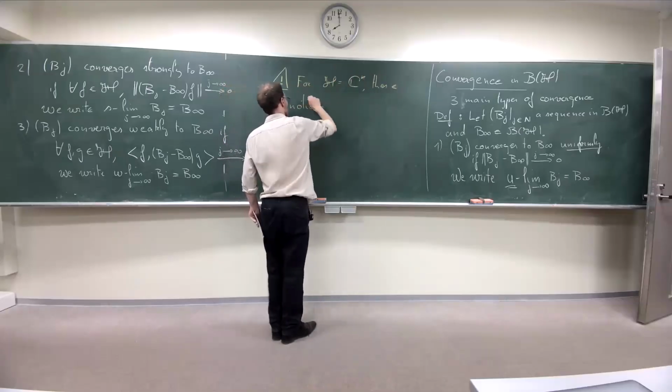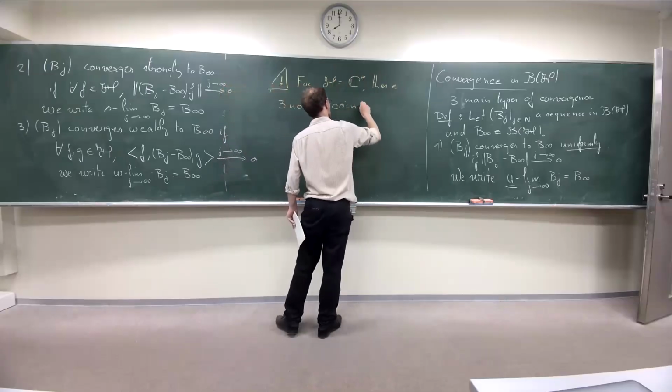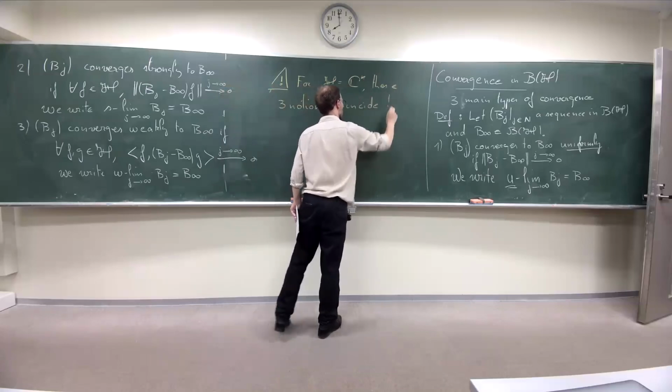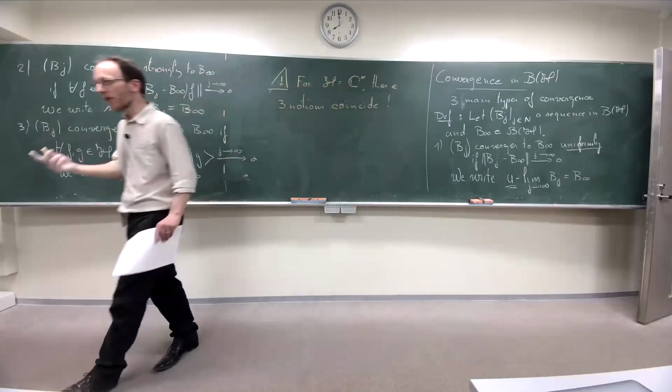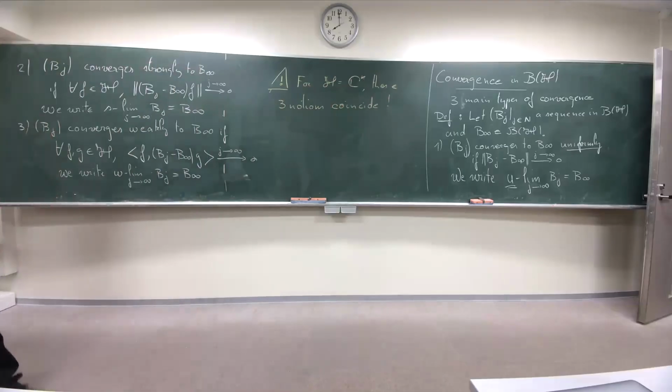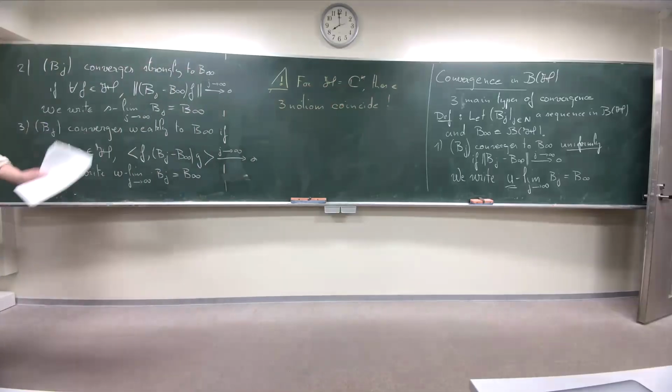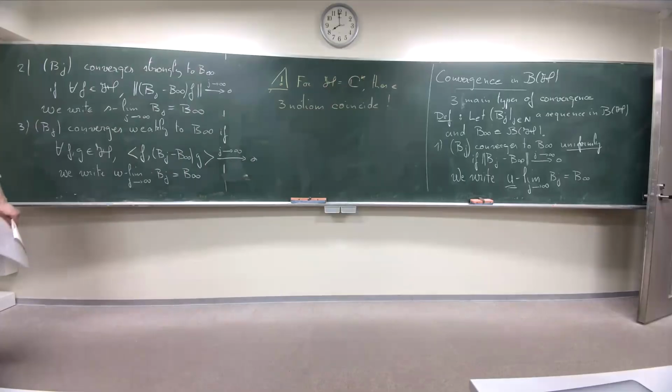So you don't get anything interesting. So it means you can feel and you can see the difference only if you are in an infinite dimensional space. Otherwise, you have no way to see it.